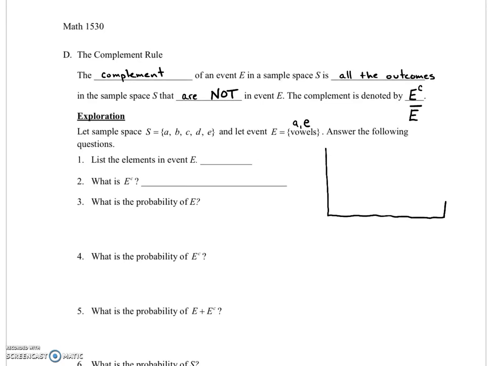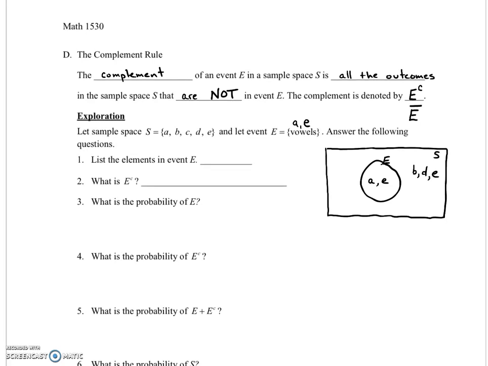Here's our sample space. And here's our event E. So E has the letter A in it, and it has the letter E in it, which means that S, outside of E, contains the letters B, D, and E.